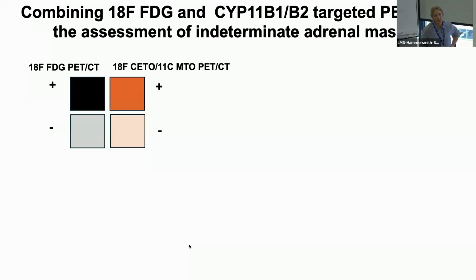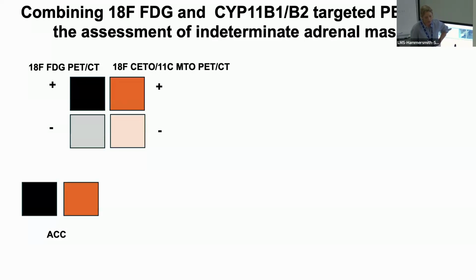And how might combining these two tracers help us? Well, one will tell us whether the adrenal mass is adrenocortical in origin or not. That will be if we use 18F-CETO or 11-C-metomidate. And one will tell us about the metabolic activity of the adrenal mass and help determine whether it's likely to be malignant or not. So let's just look at some examples of this hypothesis.